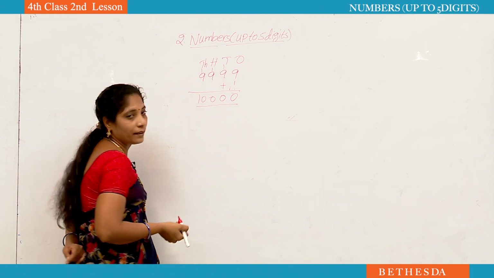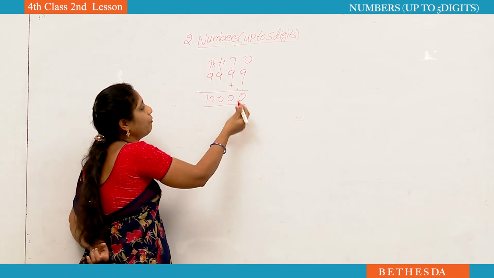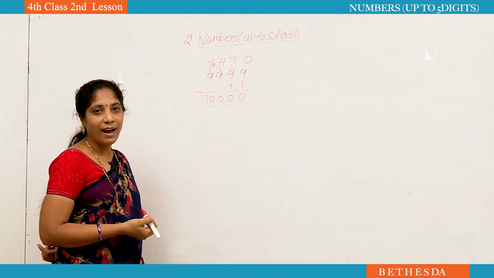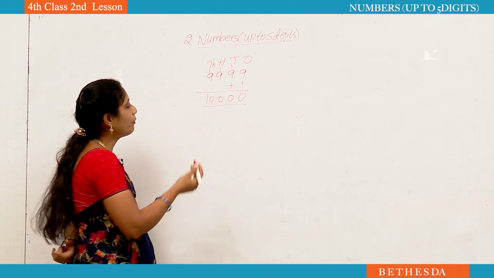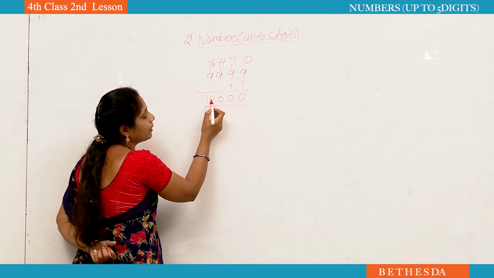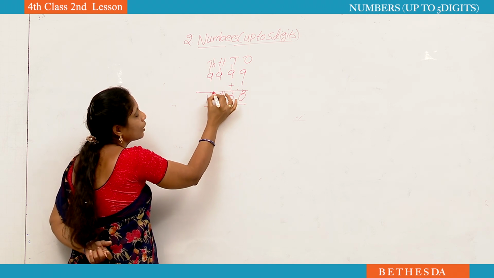You can observe here, we got a 5-digit number. If you add 1 to the greatest 4-digit number, we get a 5-digit number. Now how to read this 5-digit number?